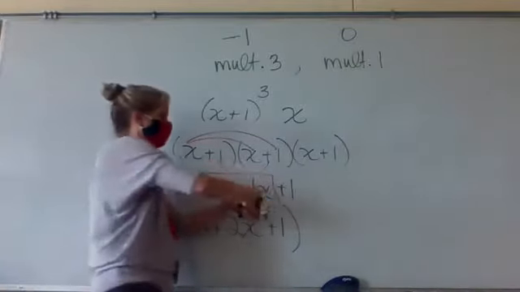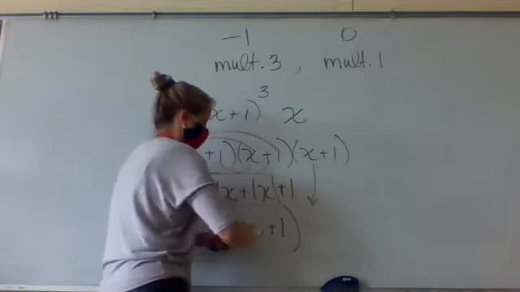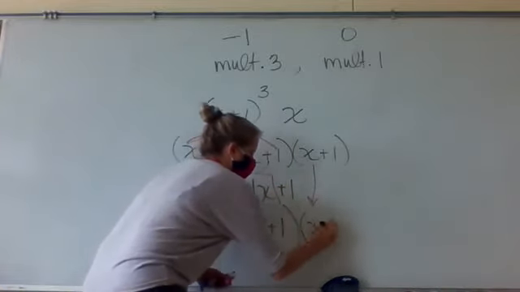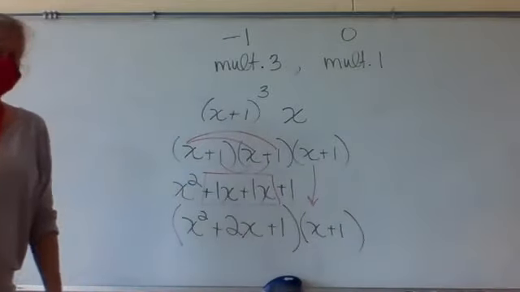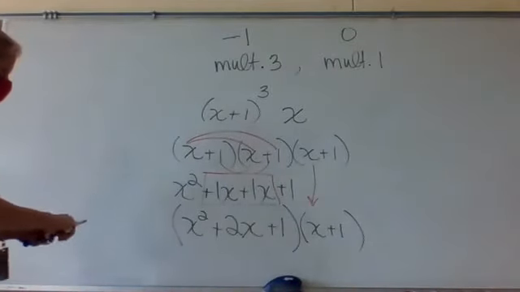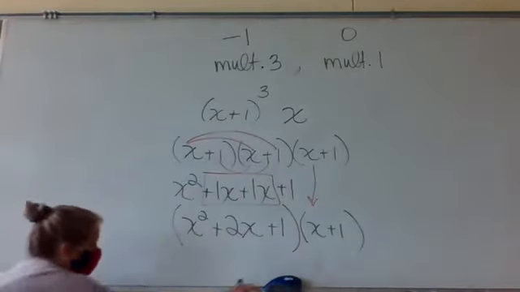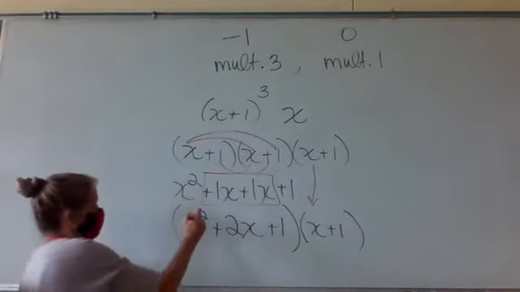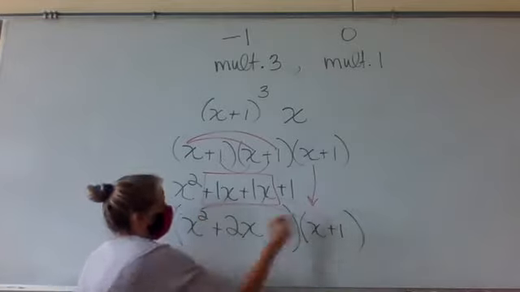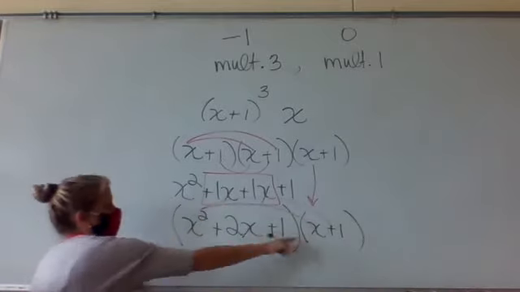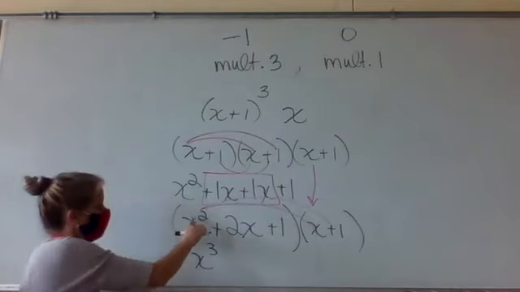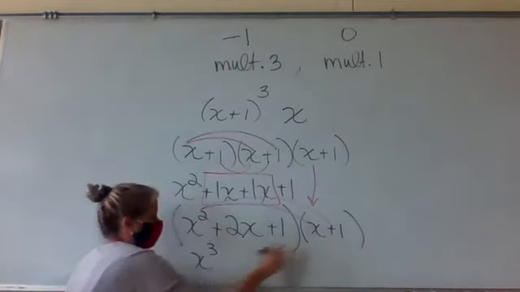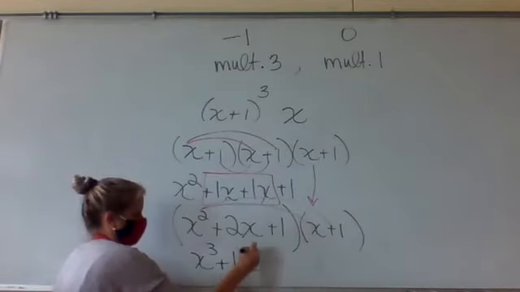So now I'll bring down this x plus 1. Distribute here. So let's see, what's this going to give me? Distribute the x squared to both of those. X squared times x is x to the 3rd. X squared times 1, 1x squared.